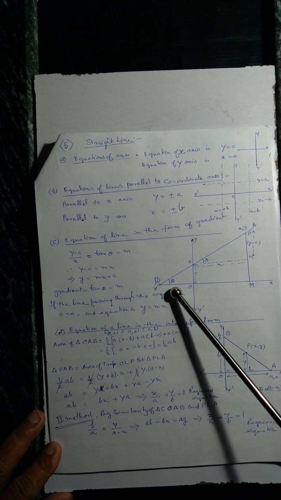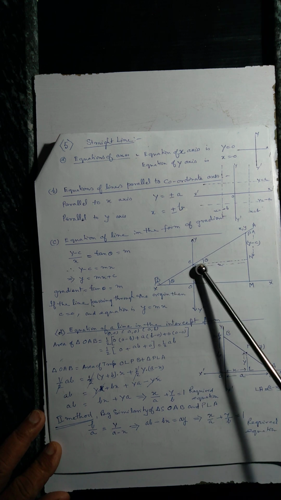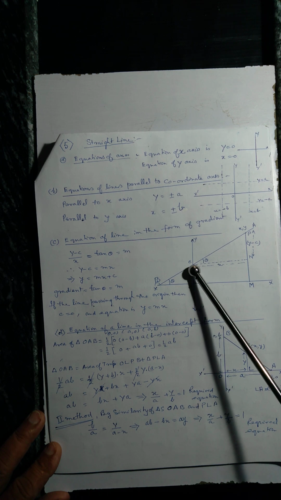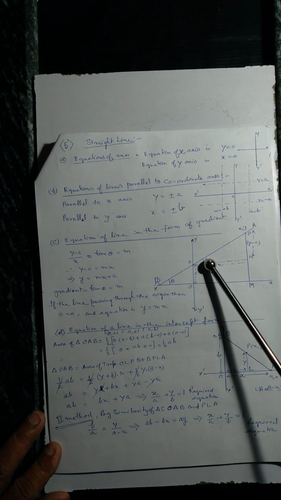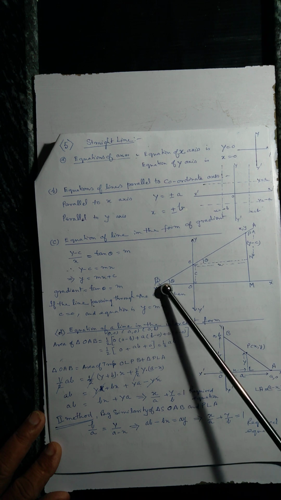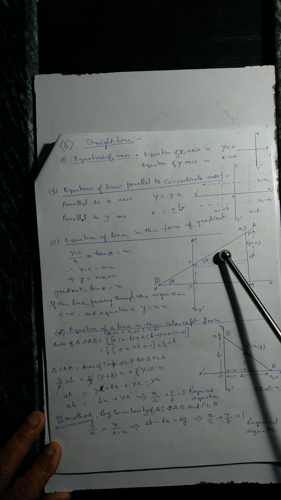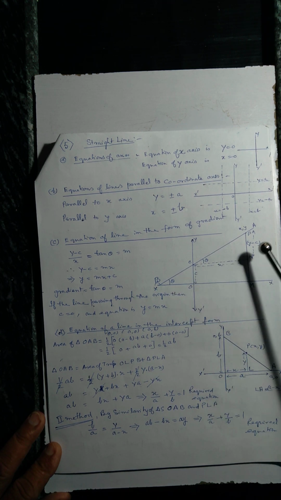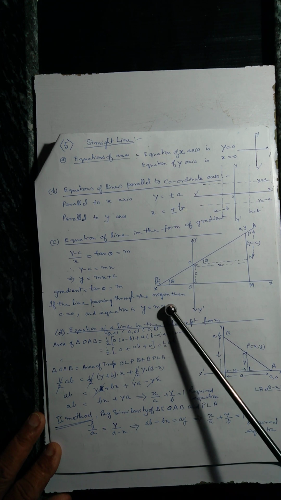So here if we draw a line parallel to x-axis, CN is the line parallel to x-axis, then again this angle will be theta, and this is also theta, because of corresponding angles. This is 90 degrees, this is again 90 degrees. So these two triangles are also similar.